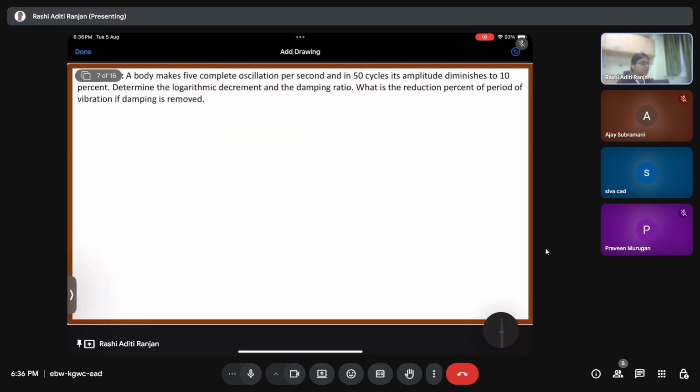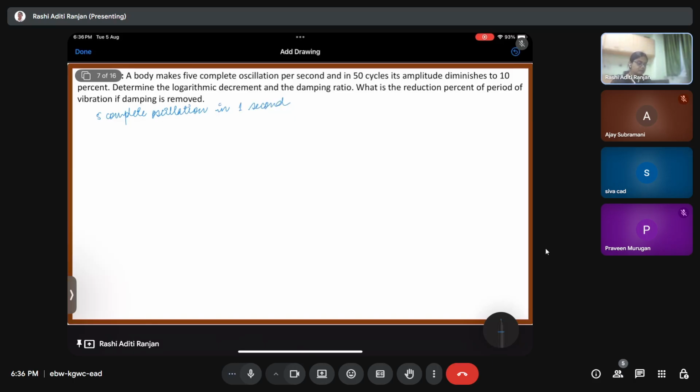Okay. Question number 4. Question number 4 says that a body makes 5 complete oscillations per second. The first thing we get is that 5 complete oscillations happen in 1 second.